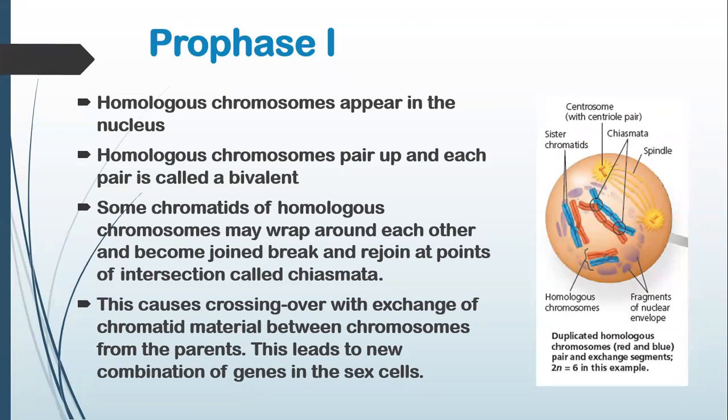Here, the main thing which identifies that this cell is in prophase one is the arrangement of these chromosomes. This is one chromosome and this is another chromosome, and the two chromosomes have paired up to form what we call a bivalent.